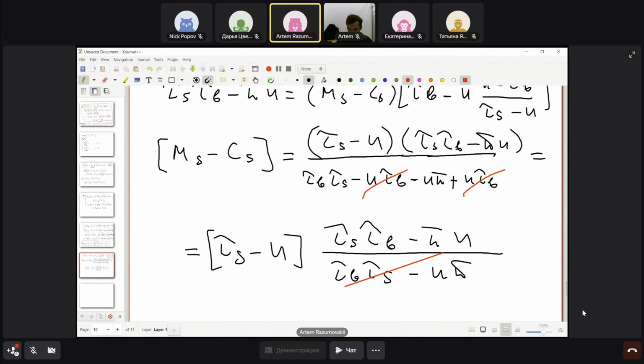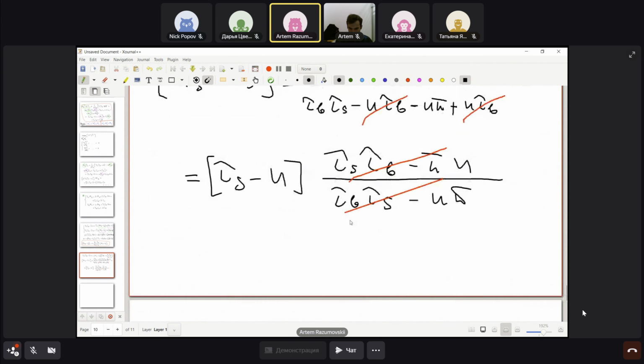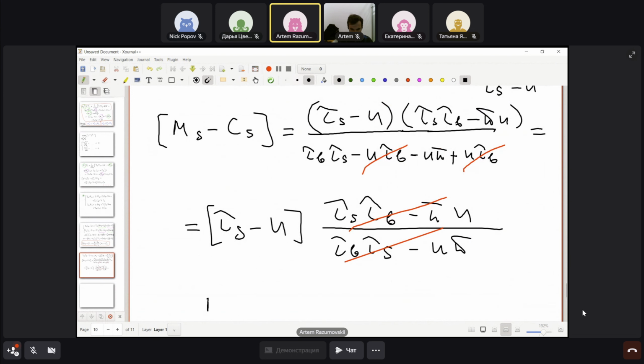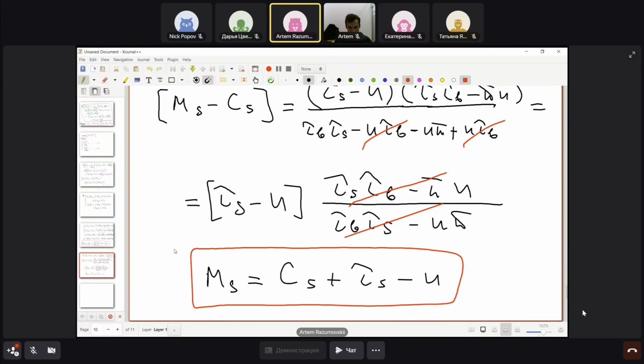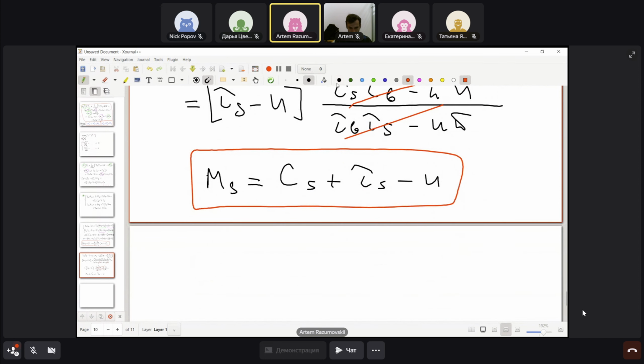So let's go. And what we get is just that price for sellers equals cost for sellers plus tau s, and then minus u. And then we can write the same for buyers, right?